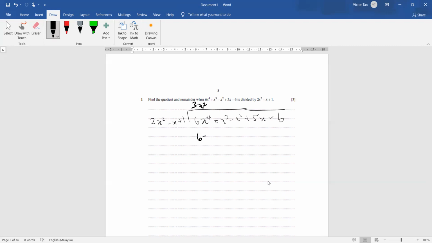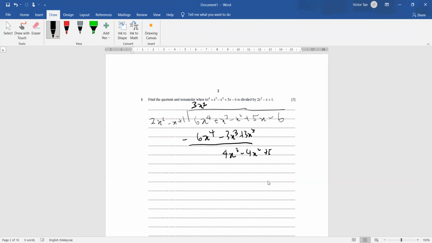So 6x to the power 4. x times 3x squared is 3x cubed, plus 3x squared. So minus, x squared minus 3x squared is minus 4x squared.